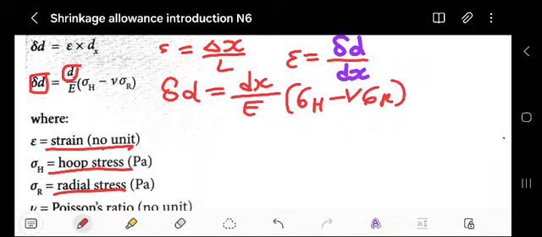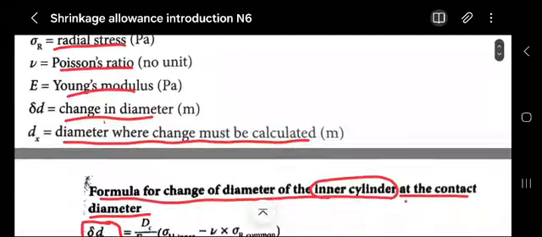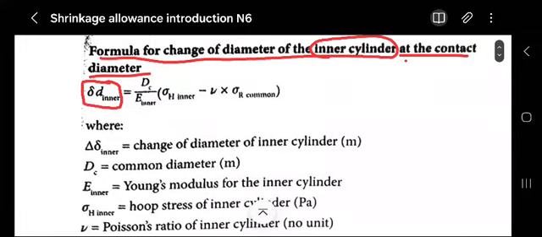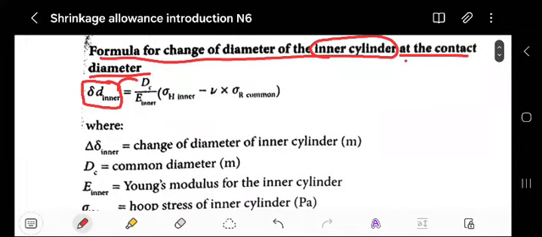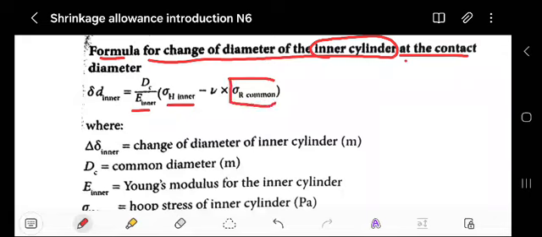You see the correspondence. So I want you to check something. You want the change in the inner, which must also take place at the common diameter. The inner takes place where? At the common. Check here the common diameter. Then the hoop stress at the inner, but the radial stress at what?